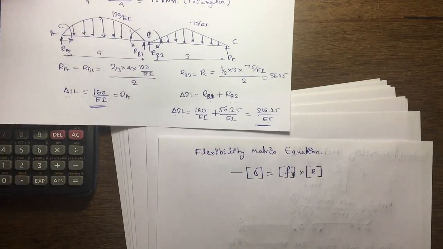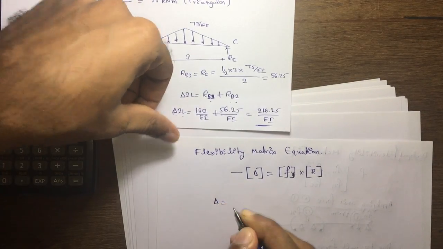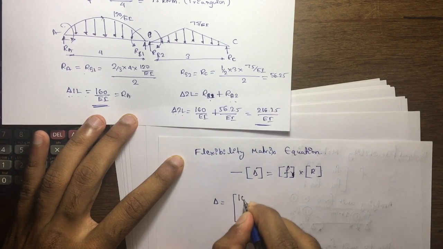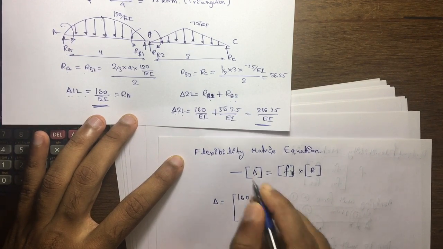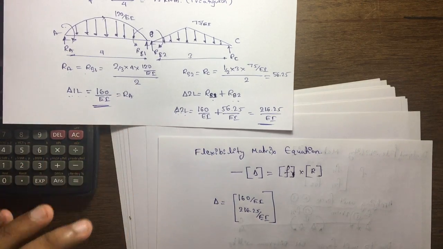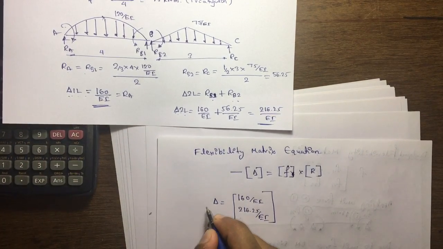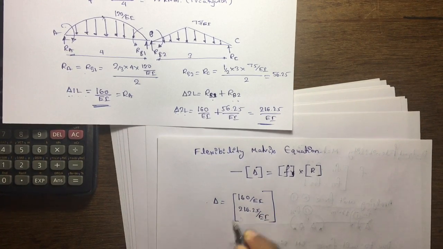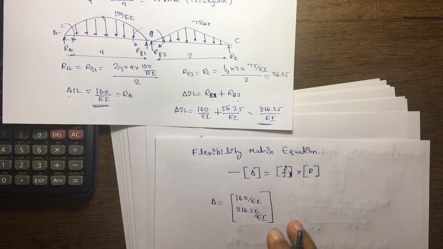If I write in matrix form, delta is equal to first term, that is 160 by EI, second term 216.25 divided by EI. What we want is the minus value, so I will take EI common, then multiply by minus.